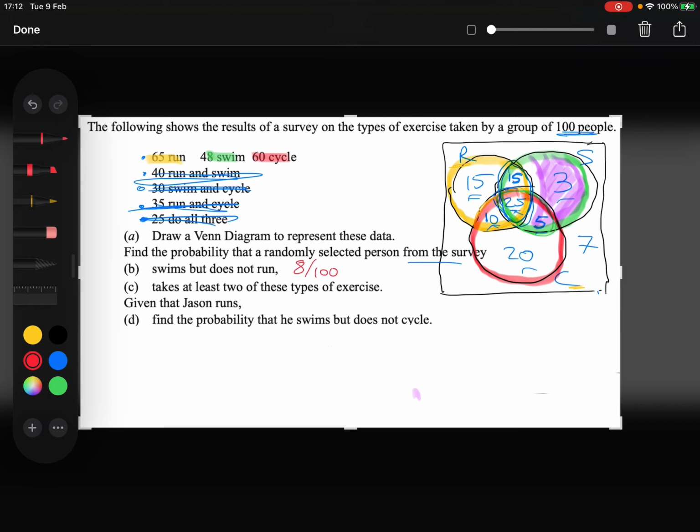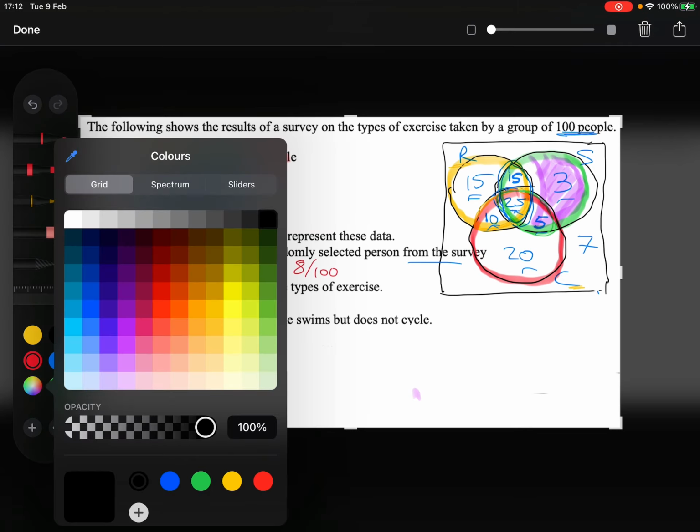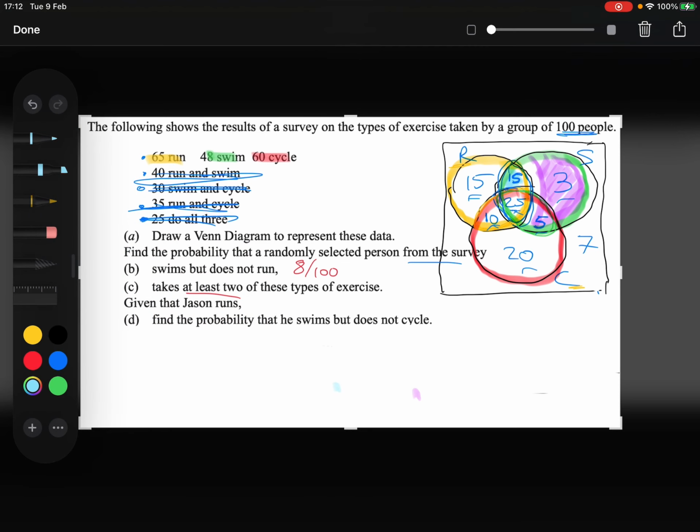Part C takes at least 2 types of exercise. So that means that they could do 2 types of exercise, but they could also do 3, because at least means 2 or more. So that means on my diagram, use a nice light blue for this, it could be running and swimming, it could be swimming and cycling, it could be running and cycling, or it could be all 3.